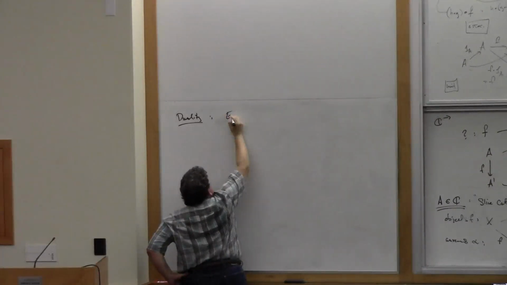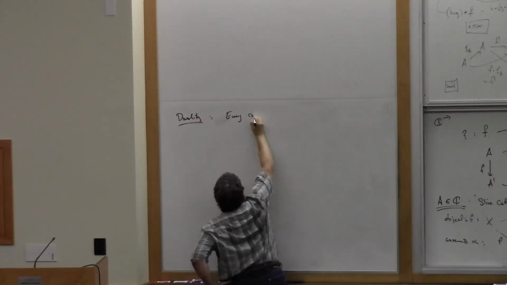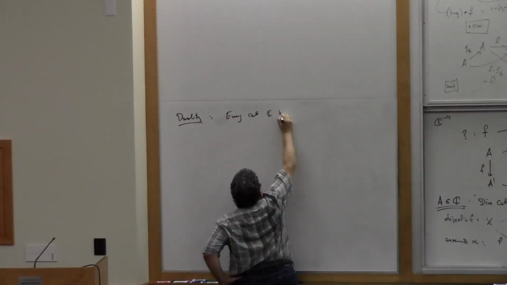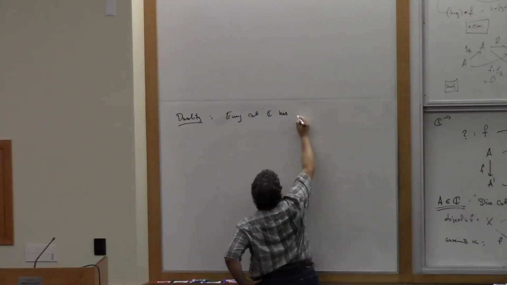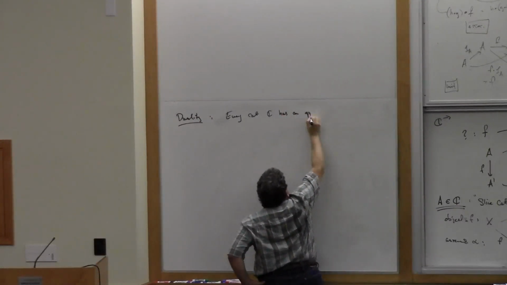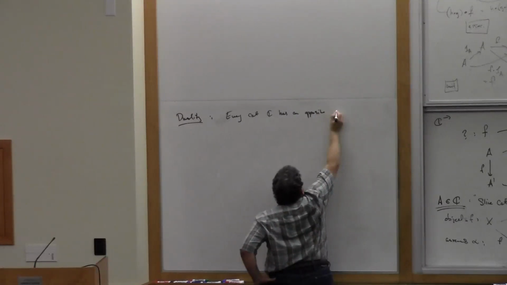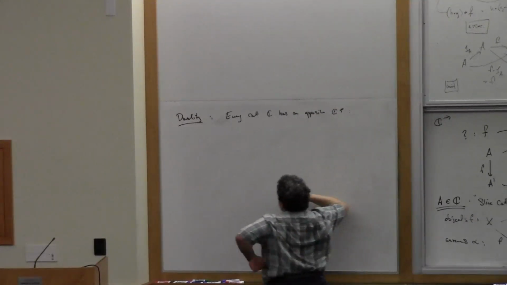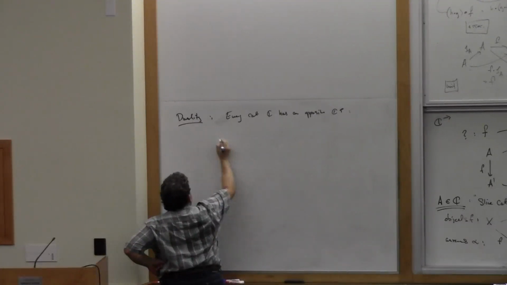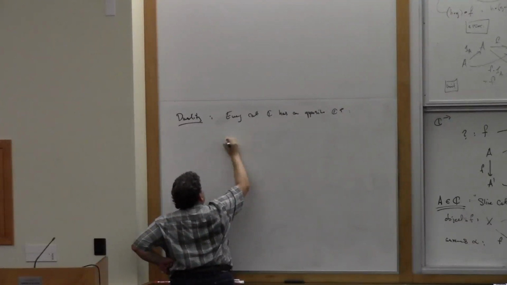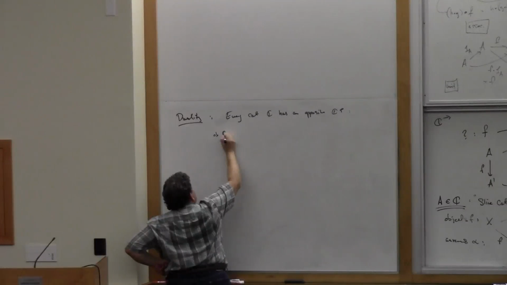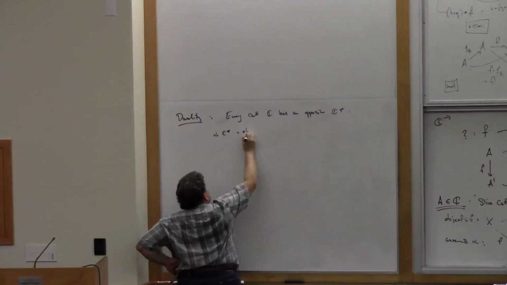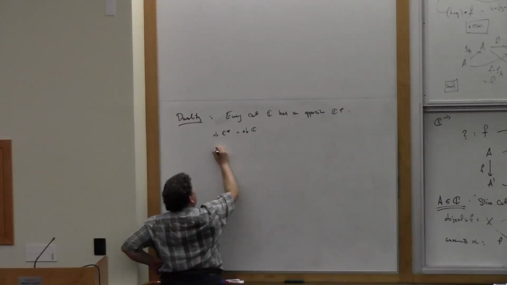every category C has a dual category or an opposite. I'm going to use the term opposite. C^op. So it's just a superscript op. And the objects in C^op are the same as the objects of C. Actually, the arrows in C^op are the same too.